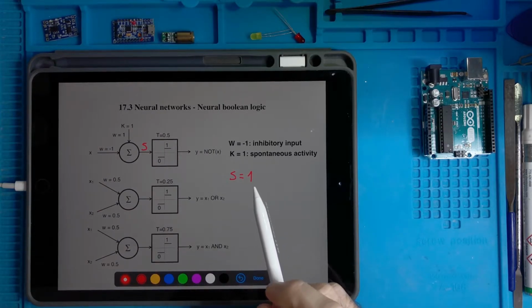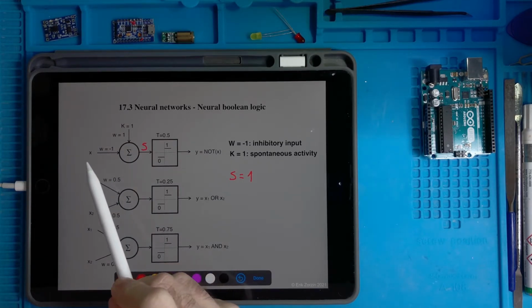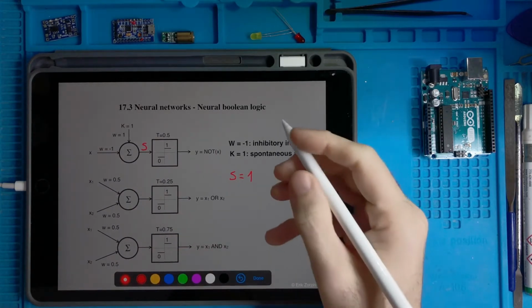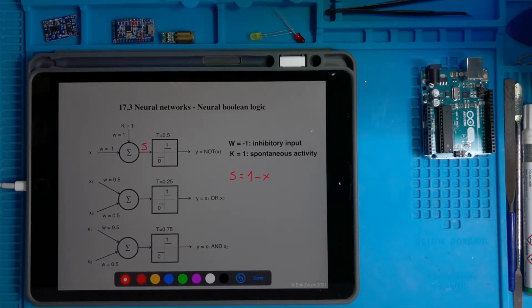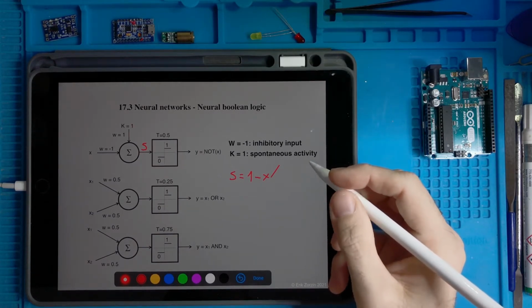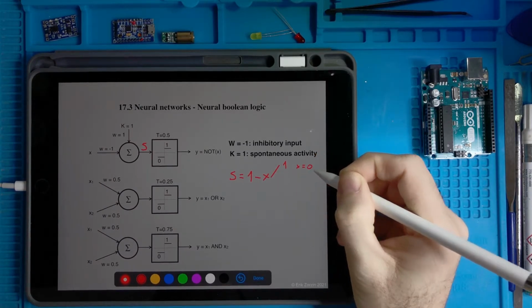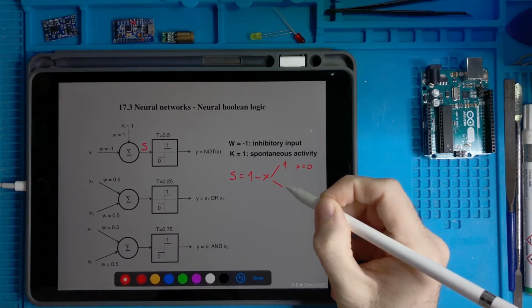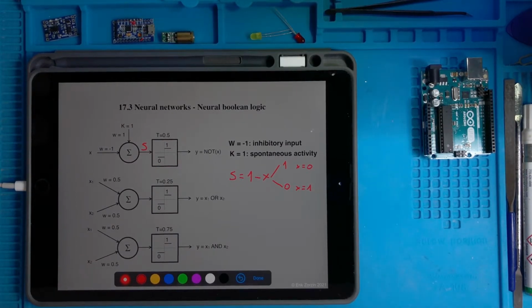Then we have to add the contribution of the second input, which we called x. So it's x multiplied by -1, so here we have minus x. And x can be either 0 or 1. So this thing can be 1 when x equals 0, or 0 when x equals 1.